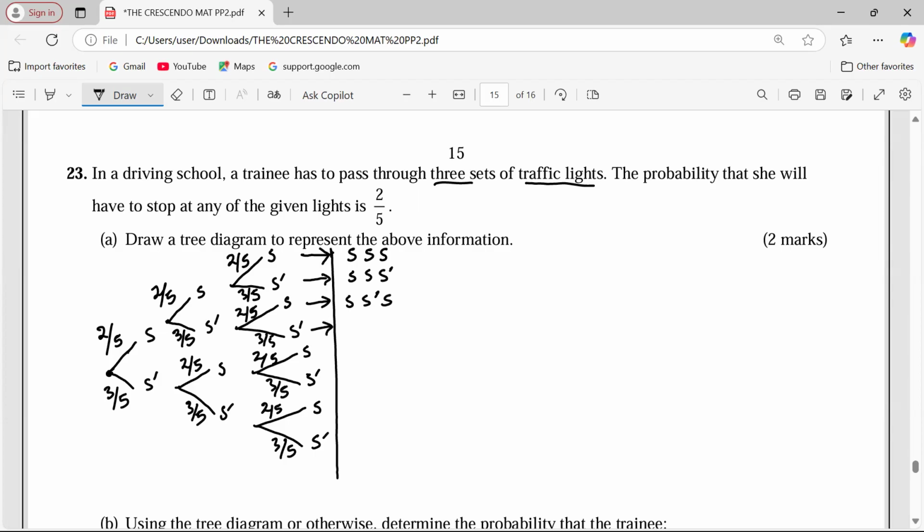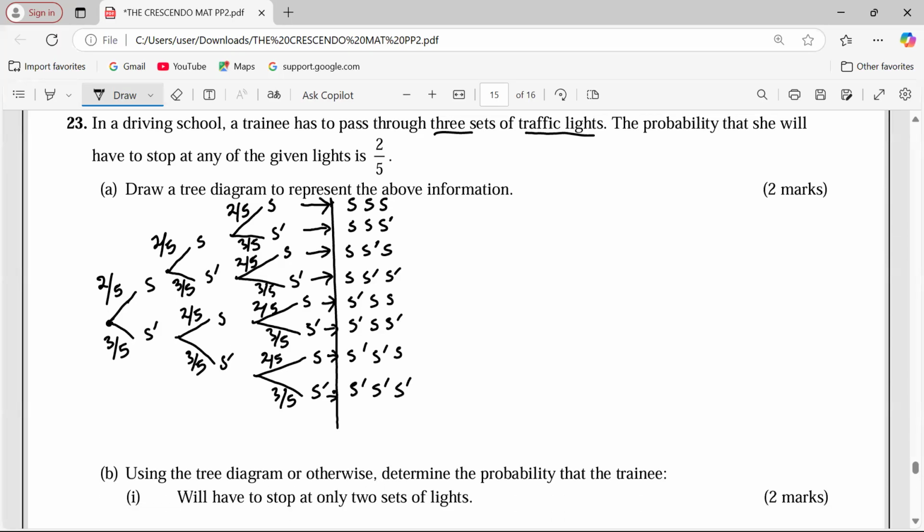Then the fourth, stopping, not stopping, not stopping. Then not stopping, stopping, stopping. Then not stopping, stopping, not stopping. Then not stopping, not stopping, stopping. And finally, we have not stopping in all of them.